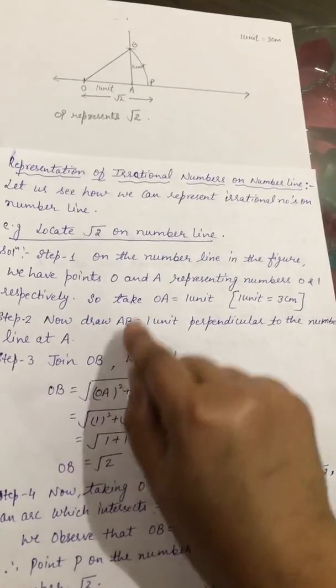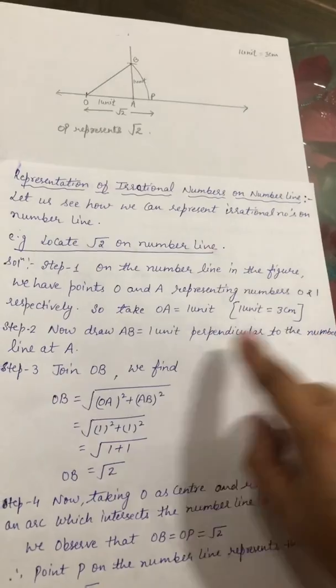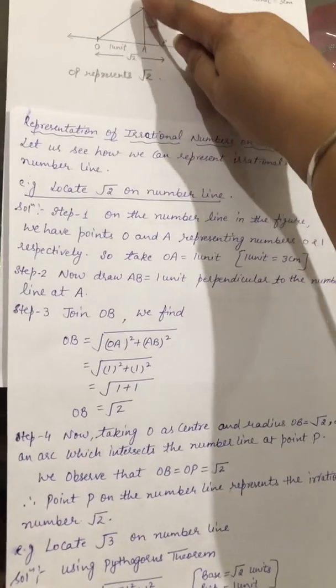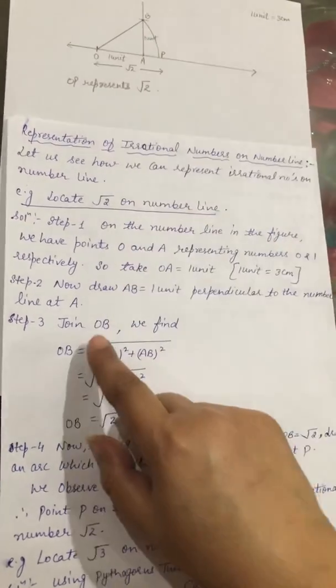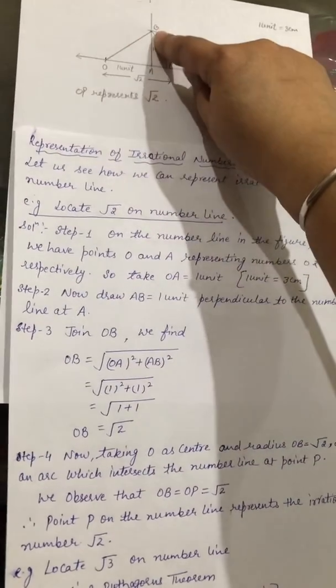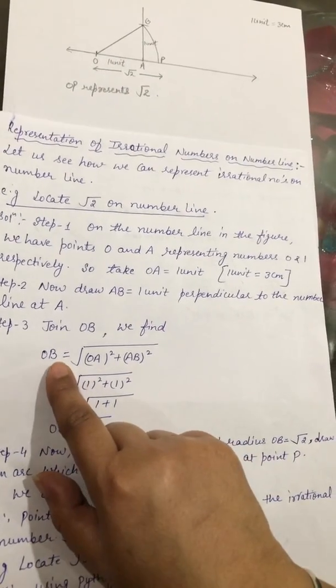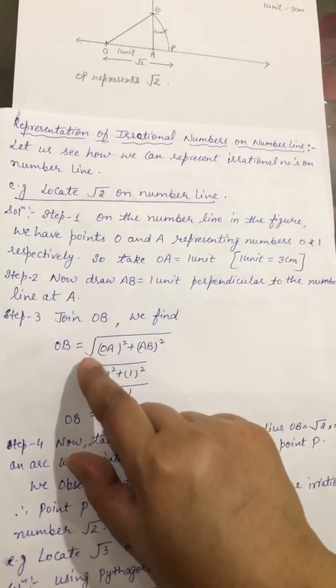Step 2: draw AB equal to 1 unit, perpendicular to the line at A. So first of all draw a perpendicular at A and then take AB as 1 unit, join OB. So we have joined OB, and using Pythagoras, hypotenuse is equal to the square root of perpendicular square plus base square.